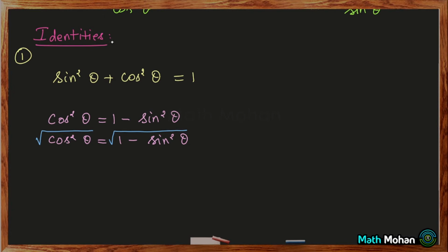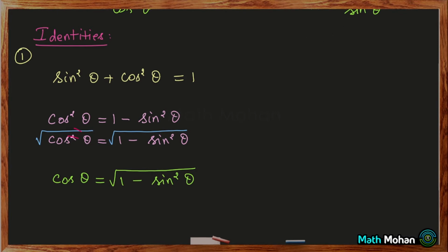Here the square root and the square get cancelled, and as a result you will get cos theta equal to the root of 1 minus sine square theta. So this is one thing that we can get from here.